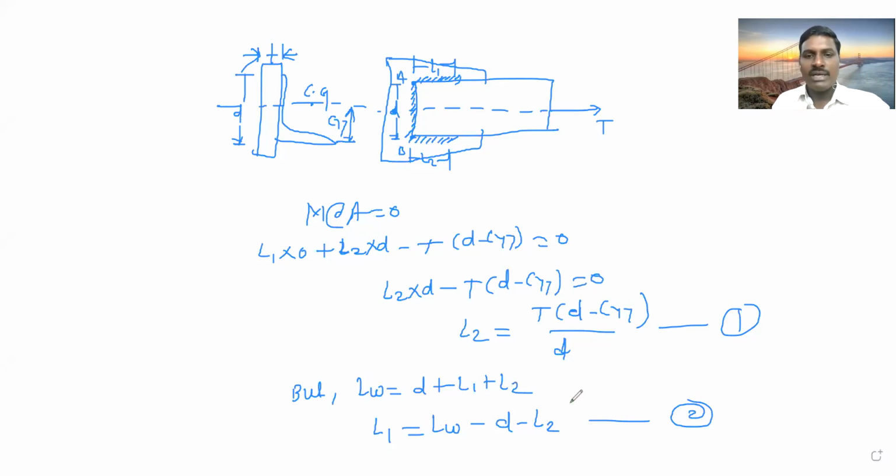That is our target. So in this way we have to calculate L1 and L2. Okay, so this is our design procedure of type 2, the welded joint.